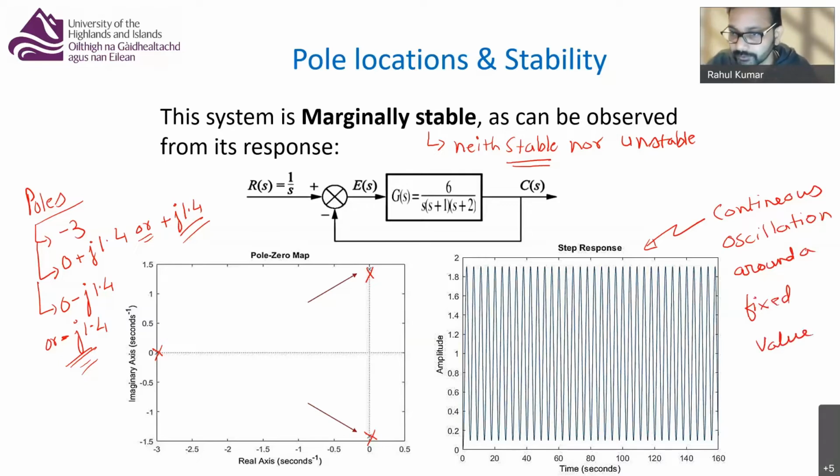Okay, so between, let's say, plus 1.9 and minus 1.9, you will have continuous oscillations. Your oscillations will neither reduce nor increase, right? So this is your marginally stable system.